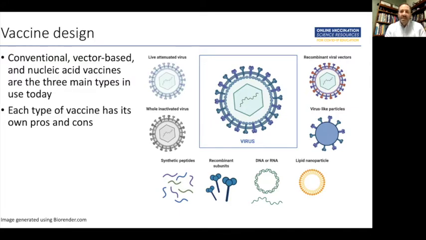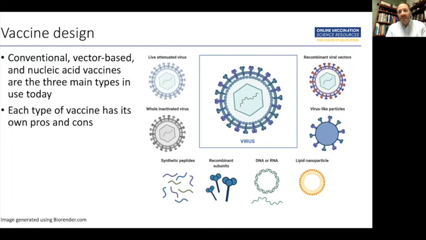Vaccines used to represent viruses are traditionally based on the structure of the virus itself and contain several of its components. The three types of vaccines in use today are so-called conventional, vector-based, and nucleic acid vaccines. Each type has its own pros and cons relating to how it can be produced, how it can be distributed, how good it is at inducing an immune response, how effective and long-lasting that response is, and so on and so forth.